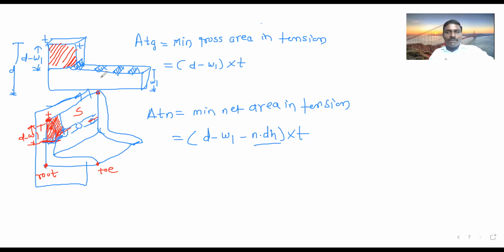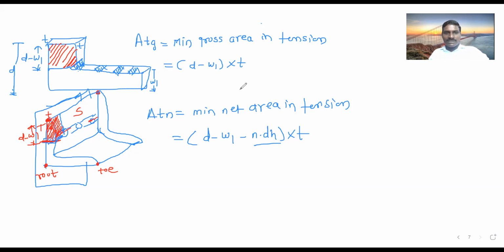In books they directly write the value of depth minus W1 and do the calculations, so these formulas are not derived or written there. I have prepared them.